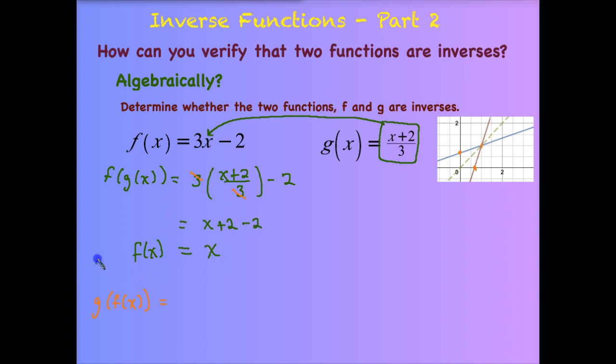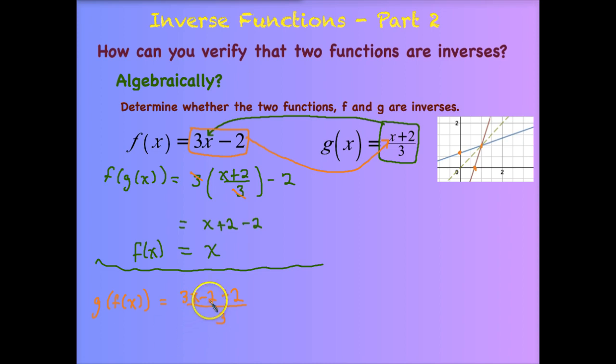But we can't just stop testing it once. We need to actually test it going the opposite direction. So we're going to compose g of f of x. In this case, we're going to take what we have here, our f function, and we're going to plug it into our g function in place of x. So we would have 3x minus 2 plus 2 in our numerator, all over 3.